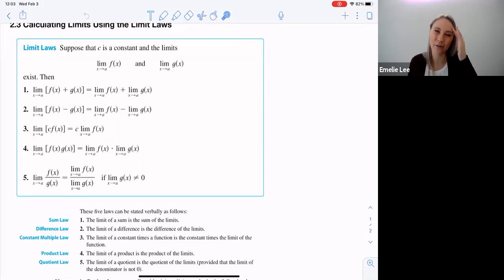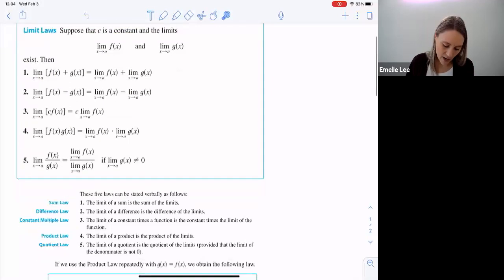I don't know if that's technically correct, but in my mind, if I'm adding these functions together, then I can just take the limit of each little chunk, and I'm allowed to do that by limit law number 1. Same thing with limit law number 2, it's just subtraction instead of addition, nothing really wild there.